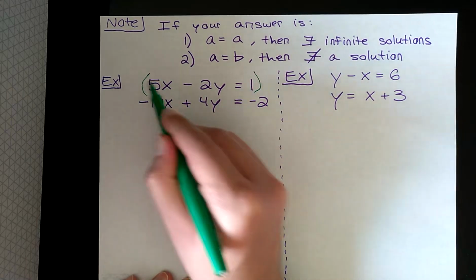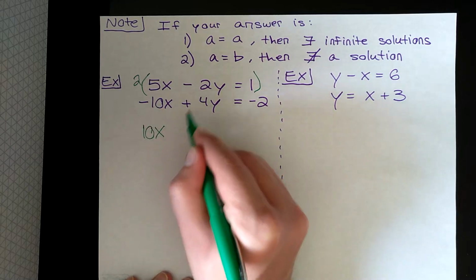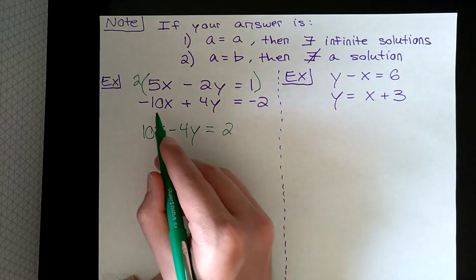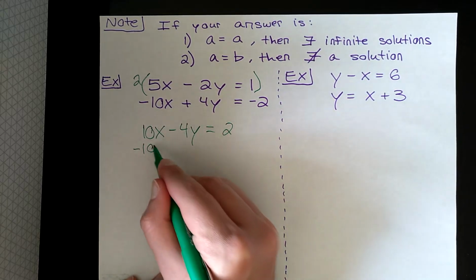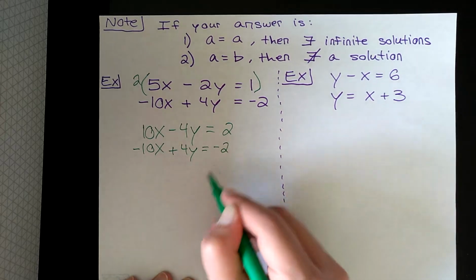So if we multiply this by 2, we'll get 10x minus 4y equals 2, and the bottom equation stays negative 10x plus 4y equals negative 2.